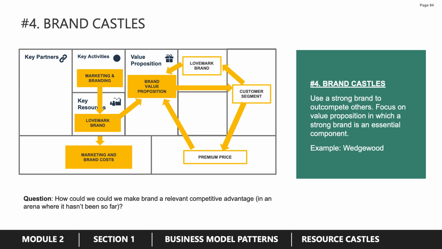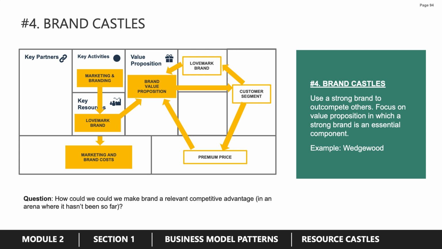Brand castles, as I mentioned, these are where you've got what's called a love mark brand. In other words, it's well recognised, well loved, and as I said, Apple's a good example. And the key value proposition revolves around the brand. Although we talk about iPhones, Apple is unbelievably recognisable everywhere. And we want that brand to be a central part of how we develop relationships.